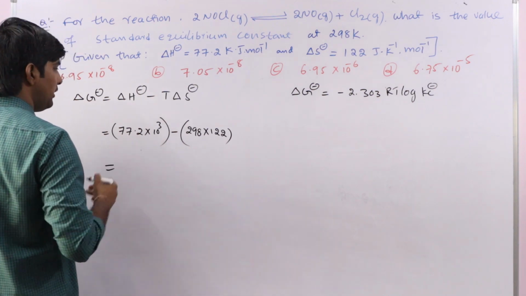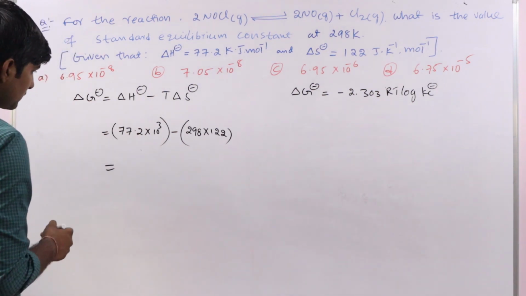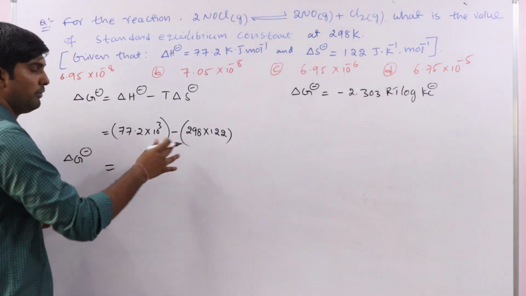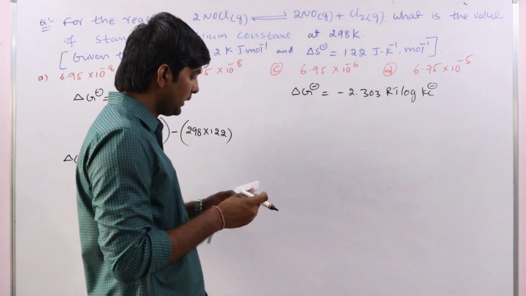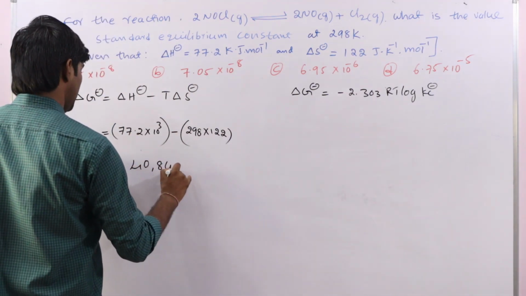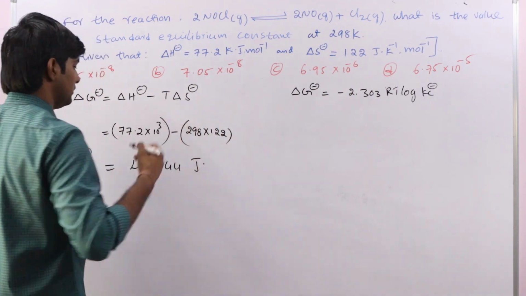After simplification, you can do the simplification yourself, we get delta G naught equal to 40,844 joules.